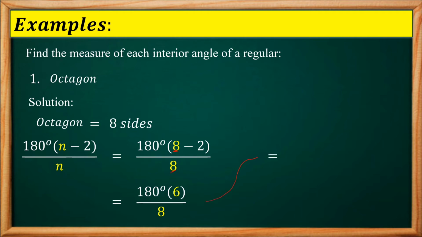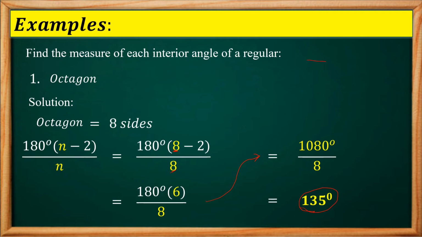Let's continue. 180 times 6 is 1080 degrees divided by 8. Then you will have 135 degrees. Therefore, in an octagon, each angle measures 135 degrees.